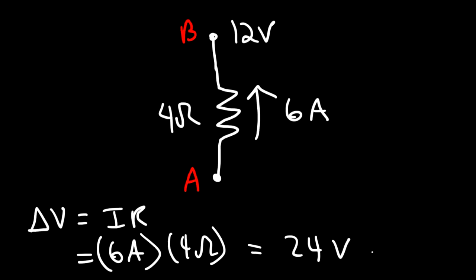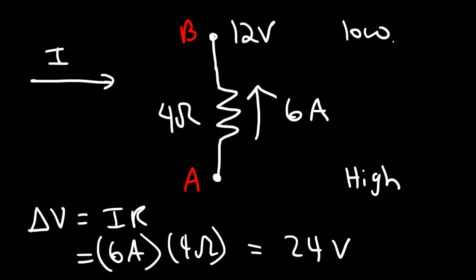Now, to find the potential at A, we either need to add 24 to 12 or subtract 24 from 12. Which one is it? The direction of the current will tell us what to do. It always flows from a high potential value to a low potential value.